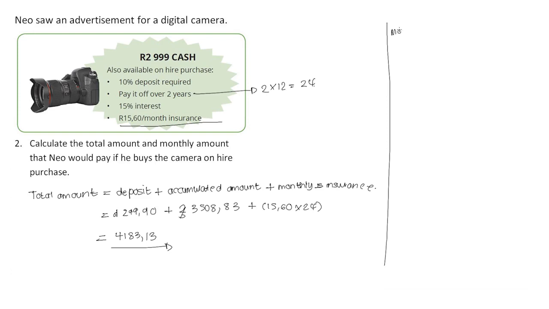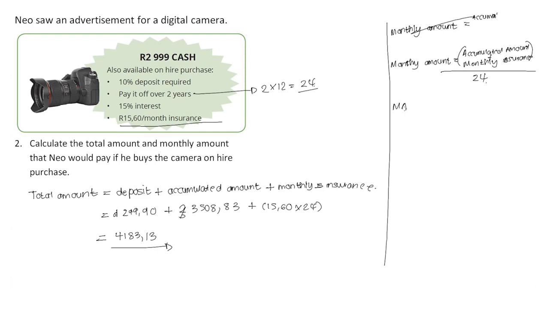Now, the monthly amount is the accumulated amount plus the monthly insurance, and this is divided by the total number of months, which as we calculated was 24 months.